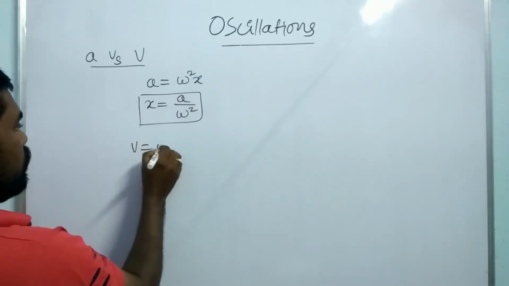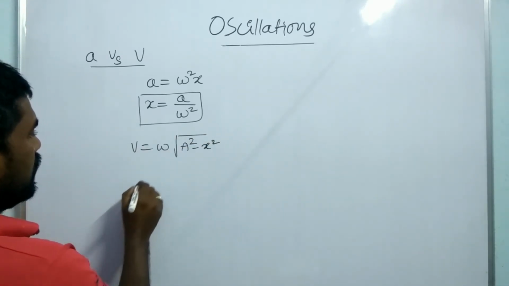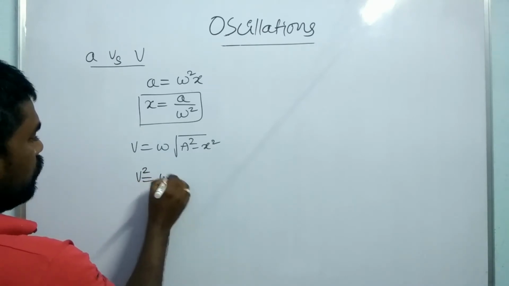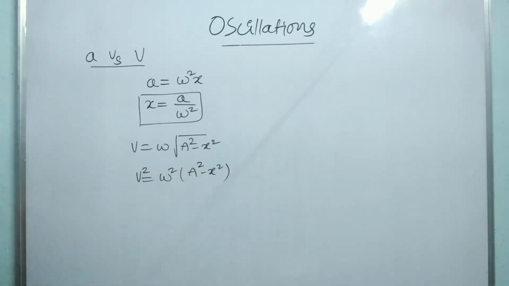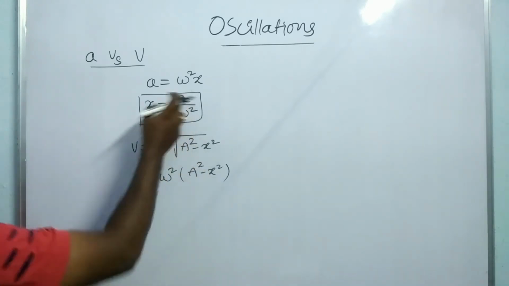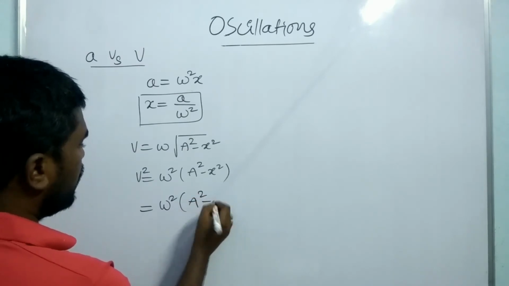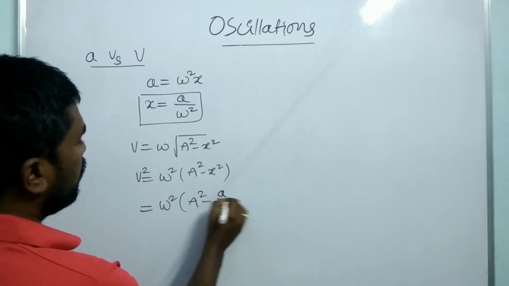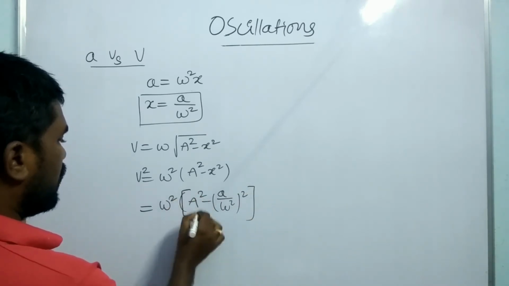But v is equal to omega into the under root of a square minus x square. Clear? v square is equal to omega square into a square minus x square. So let us write the x value: omega square into a square minus a by omega square whole square.